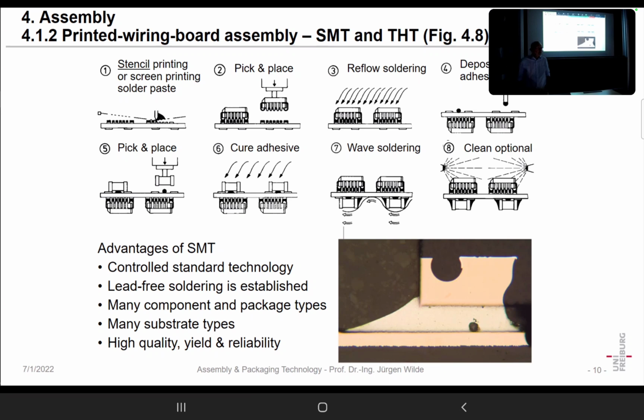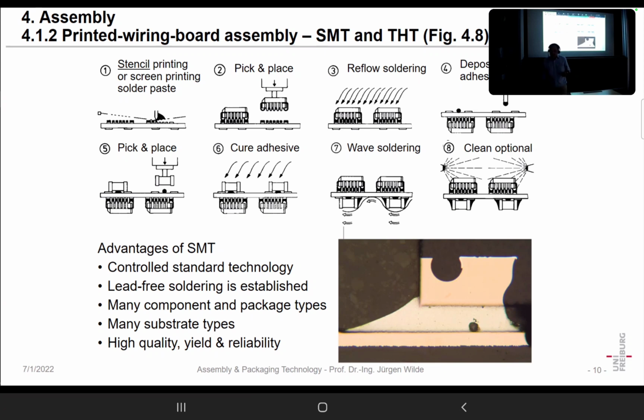Okay, how can we accomplish it? So what we need is, first of all, the device and the printed wiring board. And when we have that, we need some other helpful equipment and also some material.